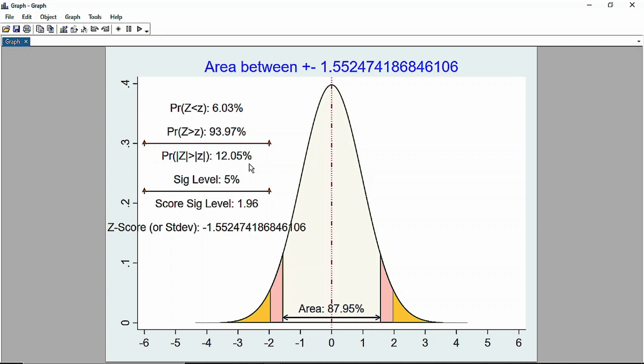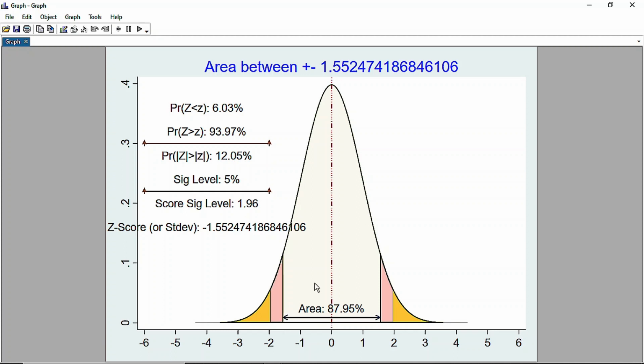Now let us see again, for this 5% significance level, the threshold point for the Z score is 1.96. So we have 1.96 over here, and we check whether this calculated Z score is able to break this threshold or not. And if we see it, it is very clear that we were not able to break this threshold, and we came to this point, that is minus 1.55.